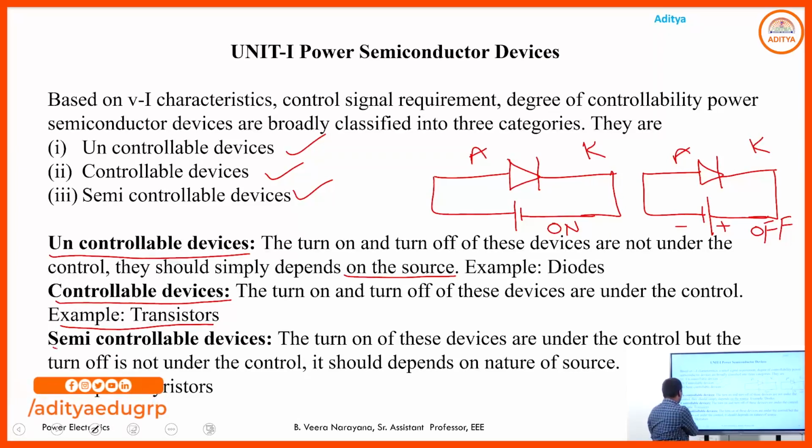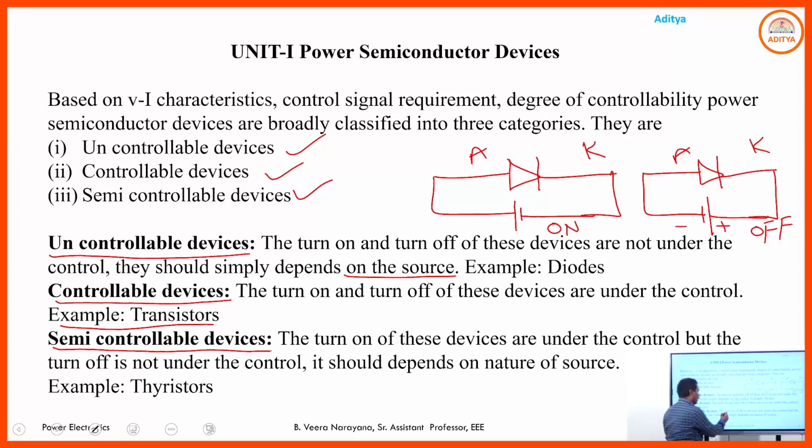And the last one, semi-controllable devices. The turn on of these devices is under the control, but the turn off of these devices is not under the control. Those are simply called the semi-controllable devices.